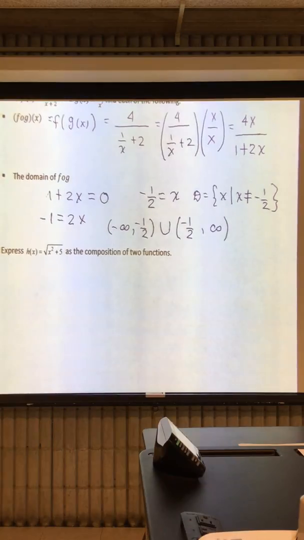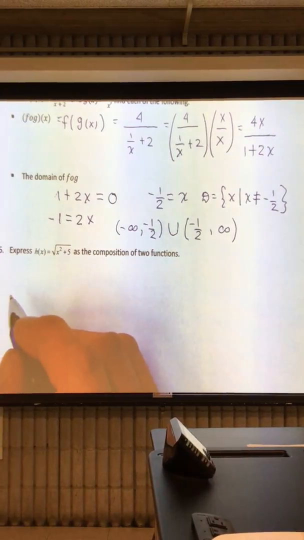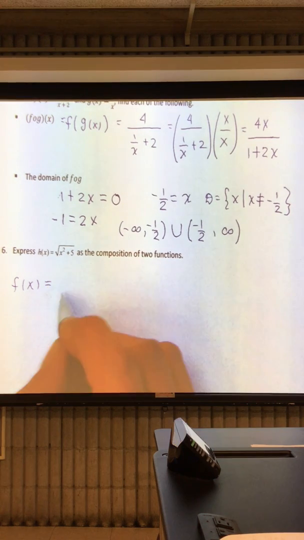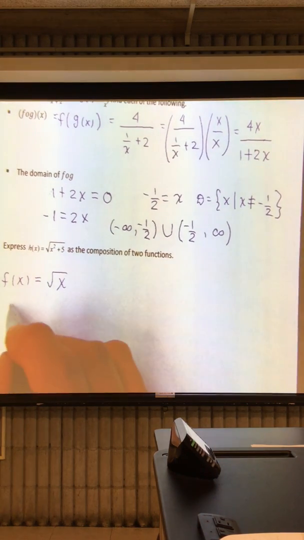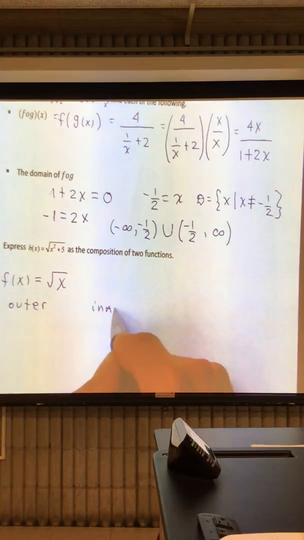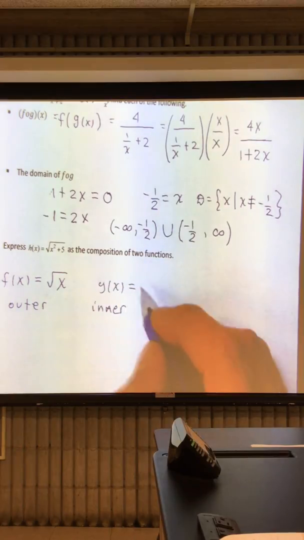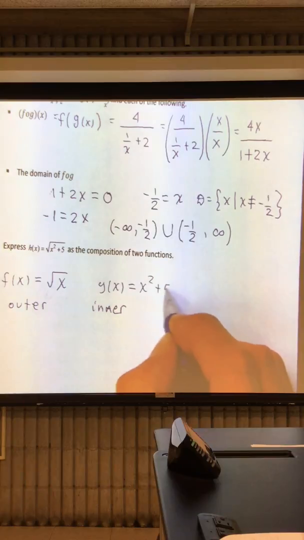Last question. Express the function h of x as a composition of 2 functions. Okay, so we can take f of x to be the function square root of x. We'll call that the outer function. And then we can write for the inner function, a new one, g of x, which is what is underneath the square root, x squared plus 5.